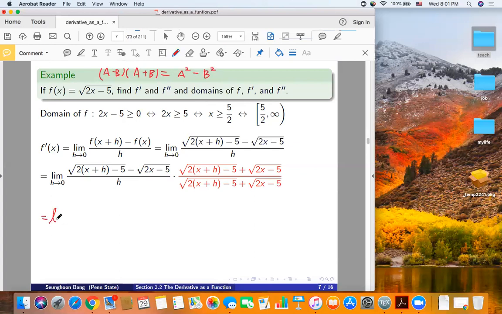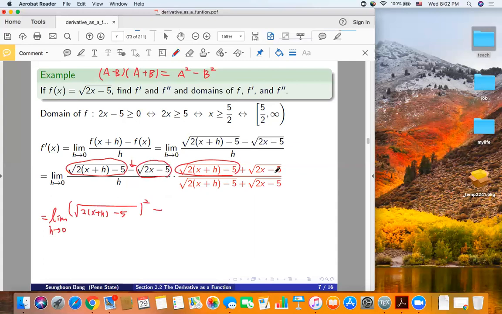So this is the limit as h approaches 0. This whole thing is a. So a squared is exactly the square root of 2 times x plus h minus 5, squared. And minus, what's b?